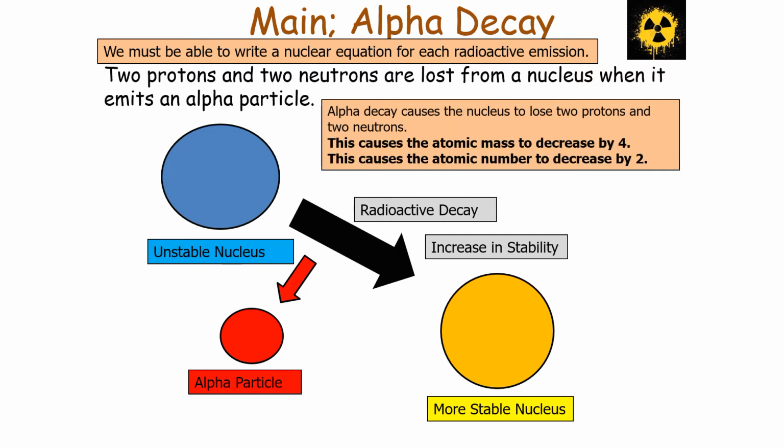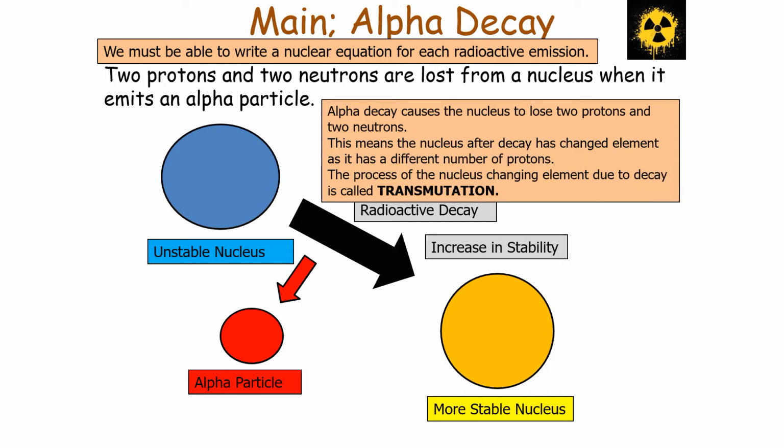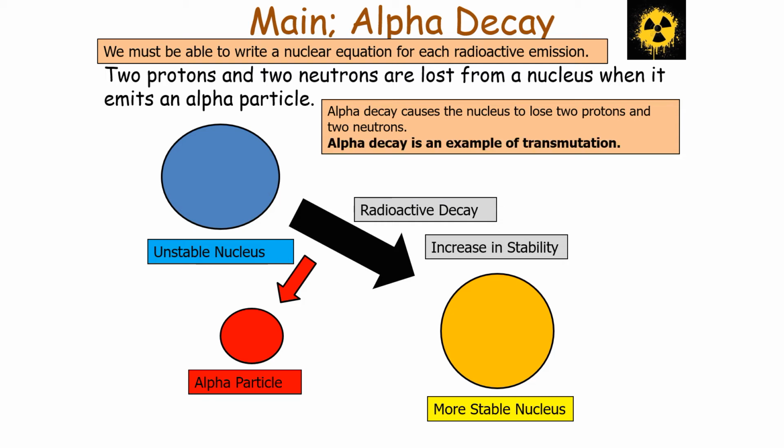So it's important to note that alpha decay causes the atomic mass to decrease by 4, the number of protons and neutrons, and the atomic number, the number of protons, to decrease by 2. This means the nucleus after the decay has changed element as it has a different number of protons. The process of a nucleus changing element due to a nuclear decay is called transmutation. Alpha decay is therefore an example of transmutation.